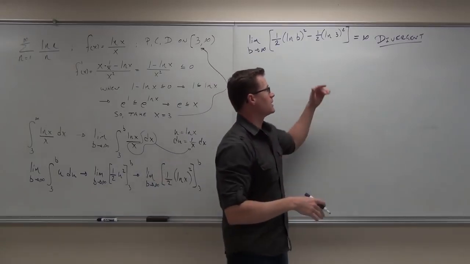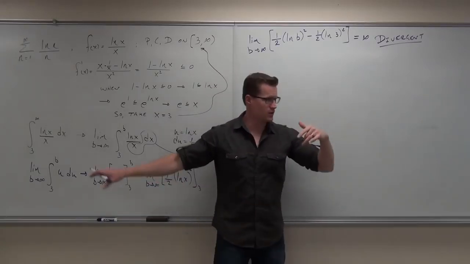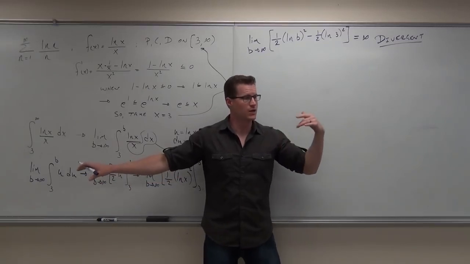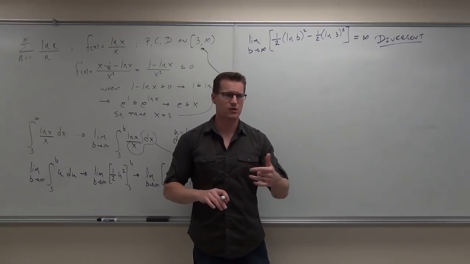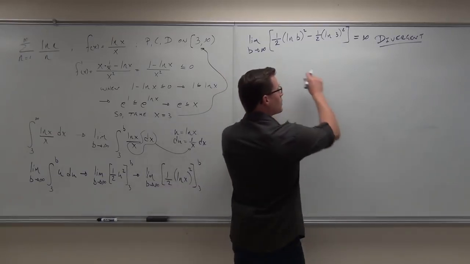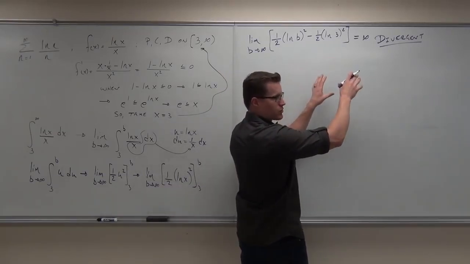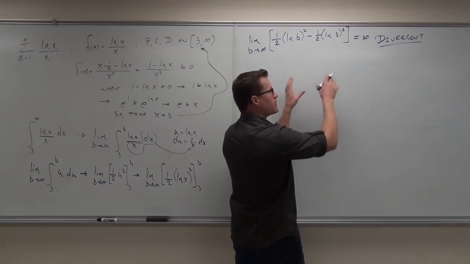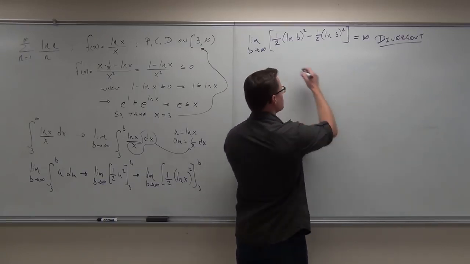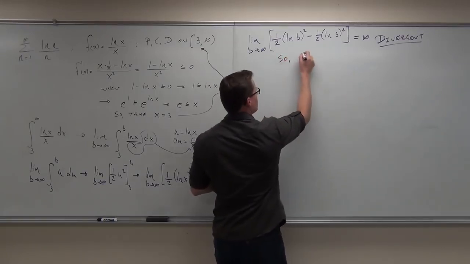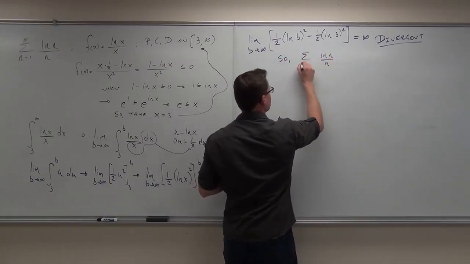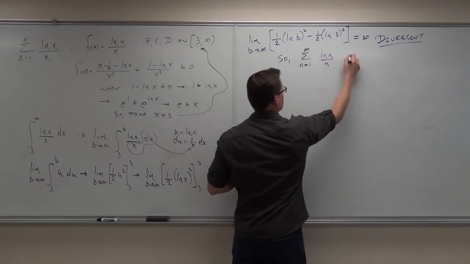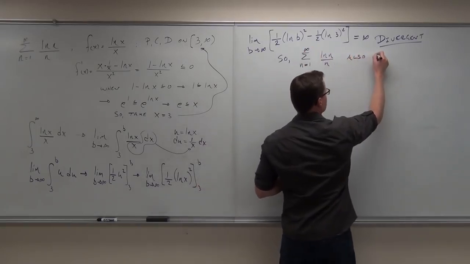What that means is if our improper integral diverges, tell me something about our series. You have to say that, okay? You don't just leave it divergent and done. You say, so because the improper integral diverges, the series also diverges. So the series of ln n over n also diverges.